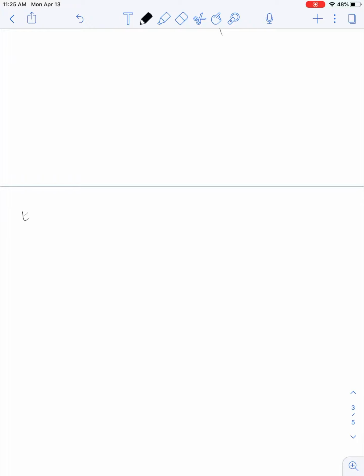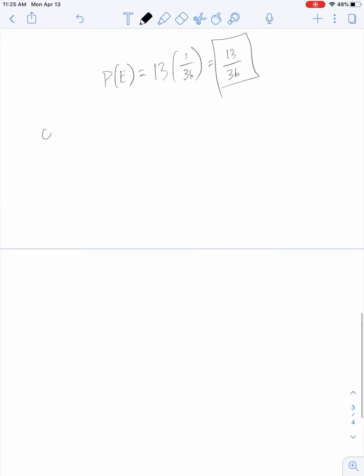Okay, now we are looking at some other examples. And before we take a look at these examples, this is in regards to odds in favor.